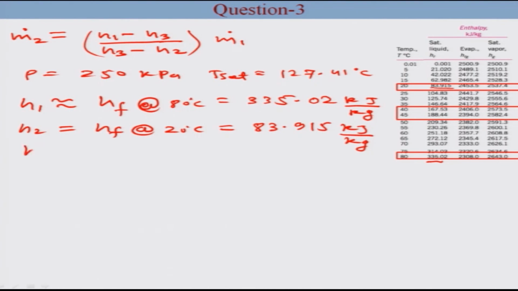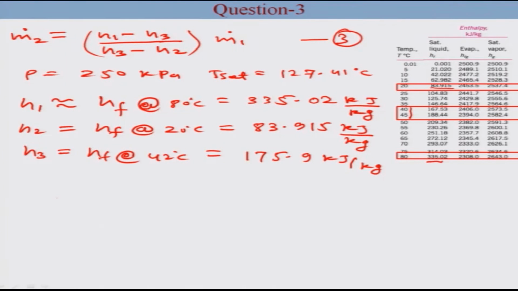And similarly h3. So we don't have exact data at 42 degree centigrade, so we have to interpolate between 40 and 45 degree centigrade temperature. So corresponding to 42 we get 175.9 kilojoule per kg.